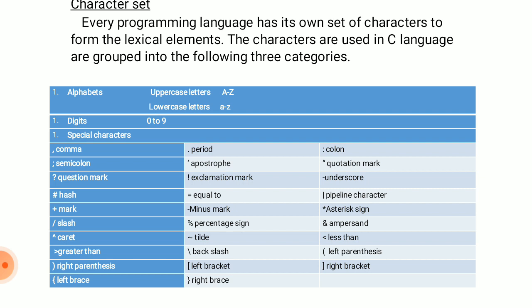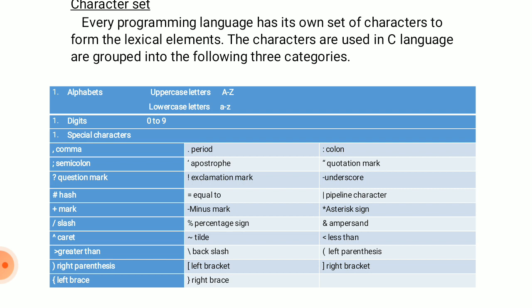Then colon, semicolon, apostrophe means single apostrophe, quotation mark means double quotation, question mark, exclamation mark, underscore, hash, equal to, pipeline character, plus mark, minus mark, asterisk sign. Asterisk means the multiplication symbol, that is the star symbol. Slash means the division symbol.